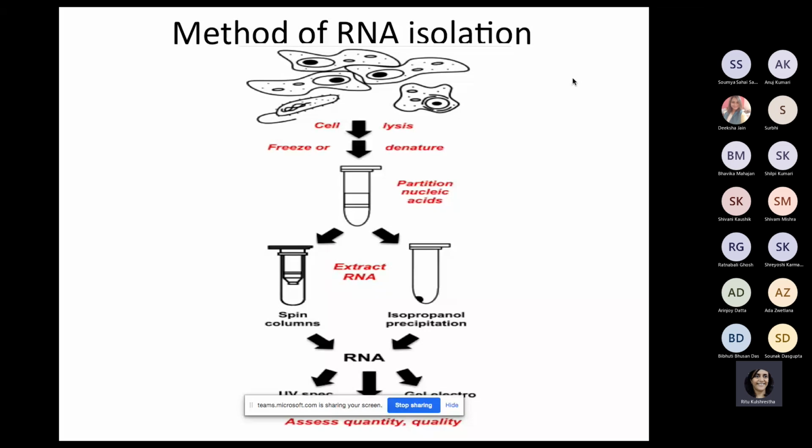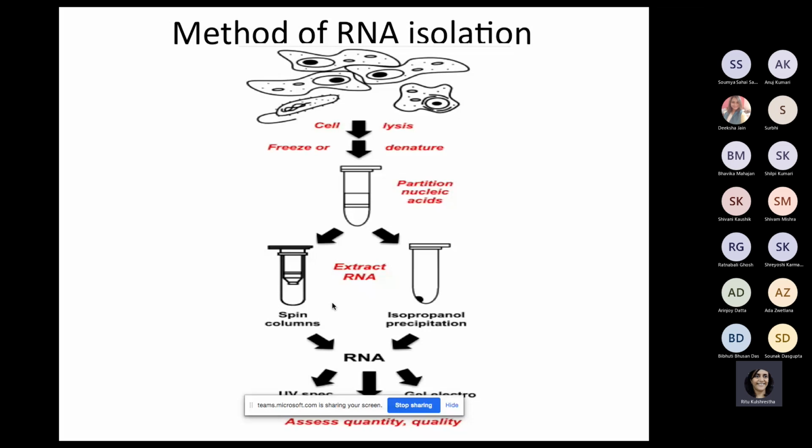The only difference is that here we keep the pH of the phenol in the range of 4 to 5, around 4.5, because RNA is soluble and comes in the aqueous solution when we use this low pH. While DNA, it gets denatured and it is present in that middle, that white precipitate where proteins were also present.